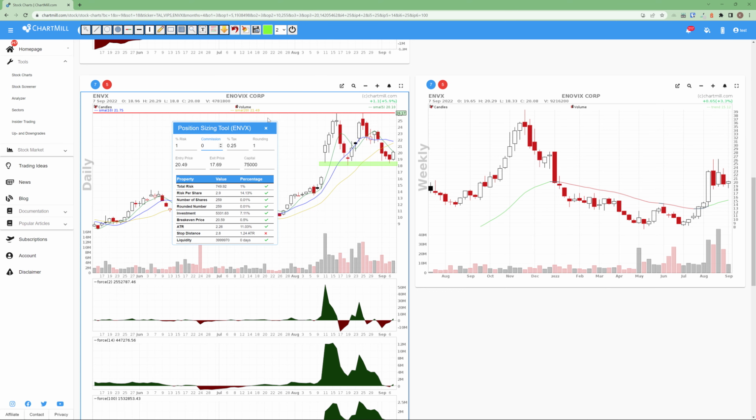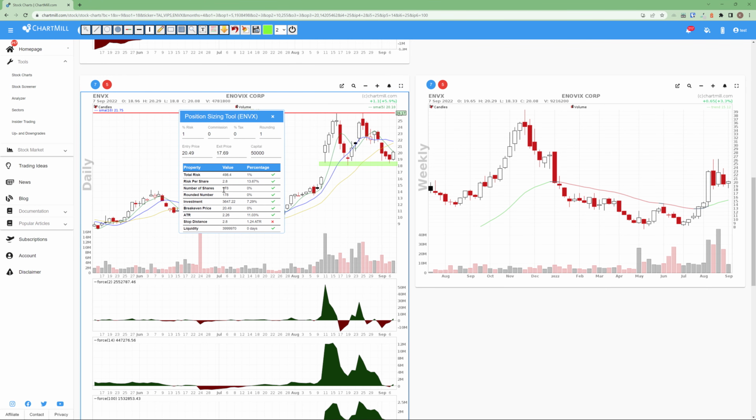Commission 0, you can apply it for yourself, for example capital 50,000, entry at 20.49, and the high of this candle is 20.29, and the exit at 17.69, and the low of this candle is 18.